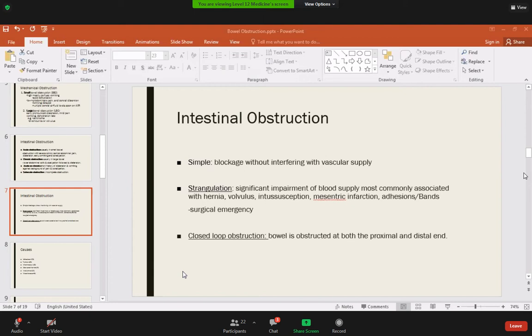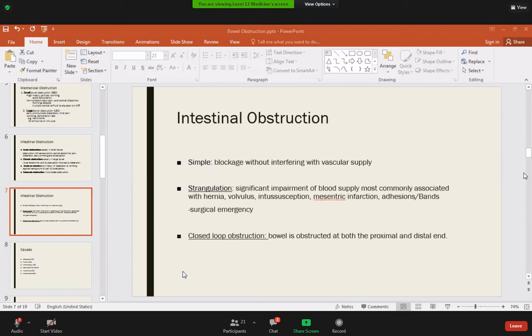So the gut contents keep on rotating in that loop of bowel, in the segment between the cecum and that carcinoma. The quantity increases a lot, and as the cecum is the most distensible part of the gut, it takes too much quantity before it bursts. So it is closed loop obstruction.